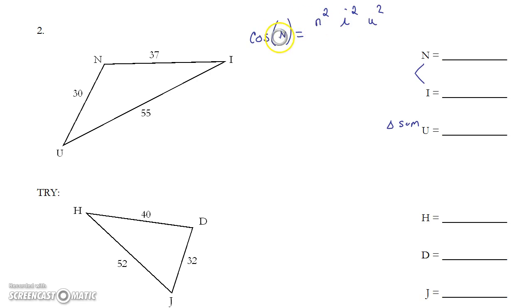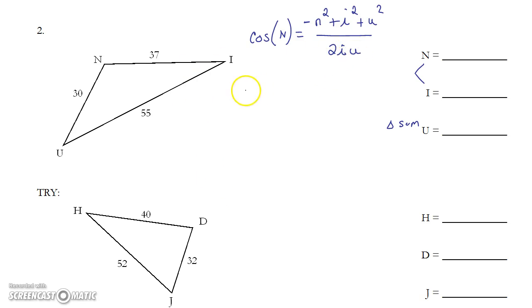The negative one will always match the side opposite, the angle that's your reference angle. In this case, angle N is my reference angle, so it's minus n squared plus I squared and plus U squared. The denominator is always 2 times my positive side lengths, I and U.